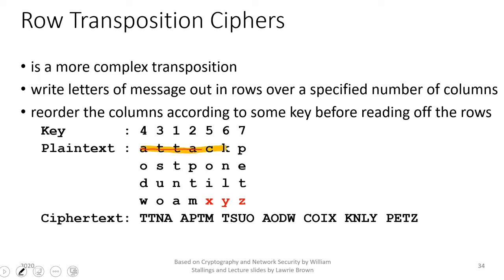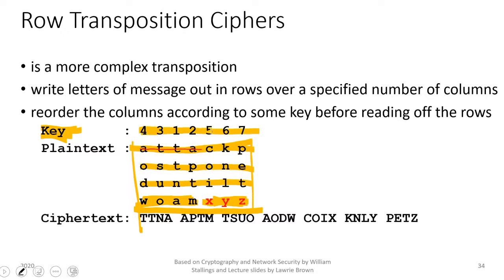We write the message here like this, and for the remainder of the rectangle, we can add some filler characters at the end. Then the key is a series of numbers that indicate which column to be read first: 1, 2, 3, 4, 5, 6, 7.